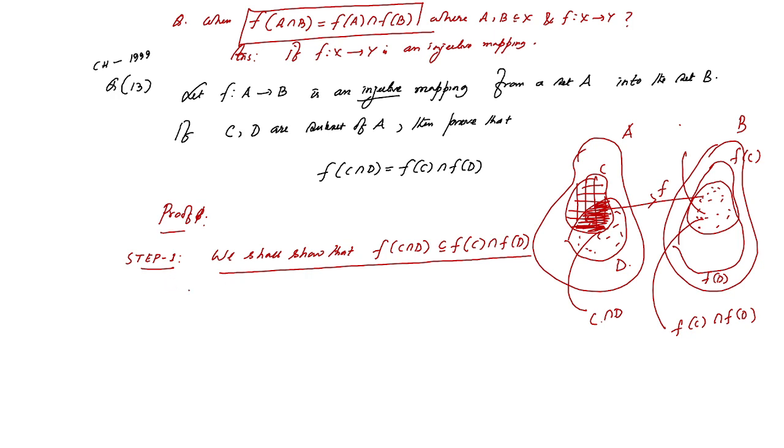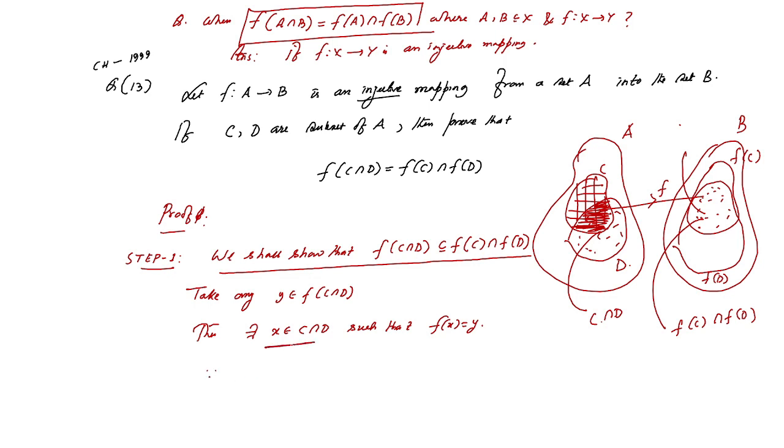I will prove it. So take any y belonging to f of C intersection D, then by definition of the image, there exists x belonging to C intersection D such that f of x equals y.